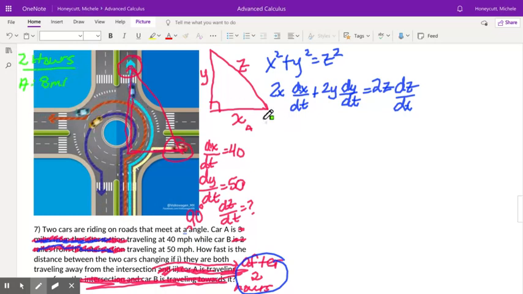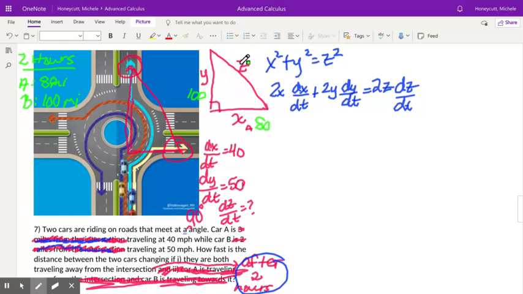So I'll label this 80. For car B, traveling 50 miles every hour, after 2 hours, car B should have traveled 100 miles. So I'll label this part 100.